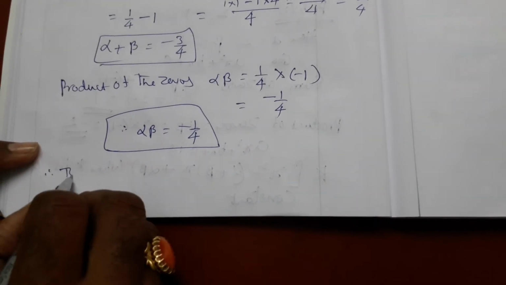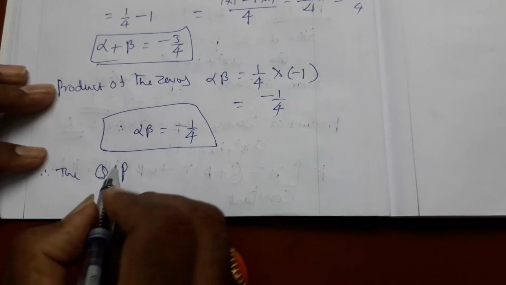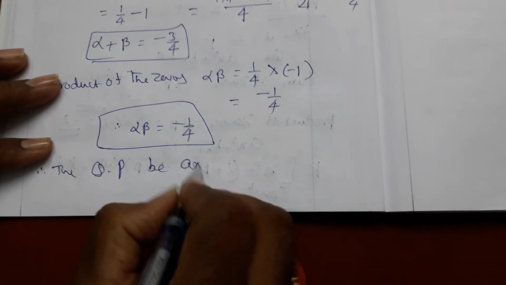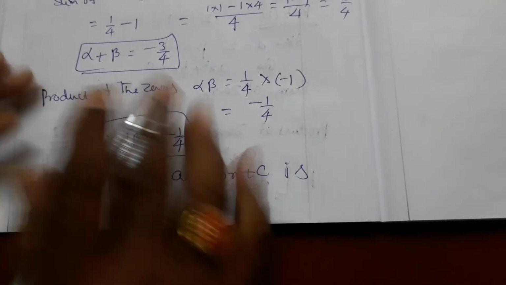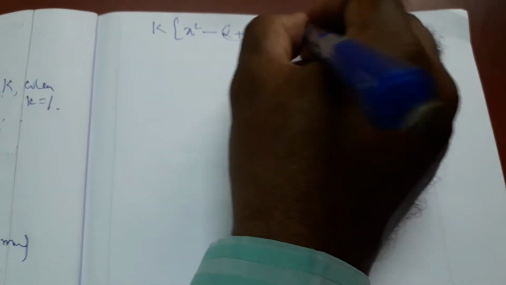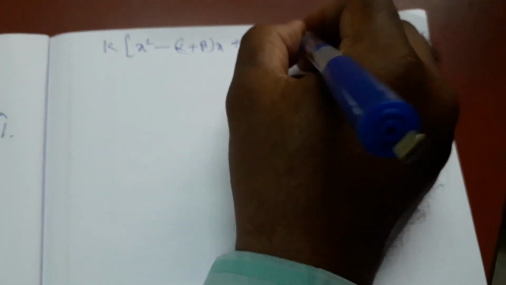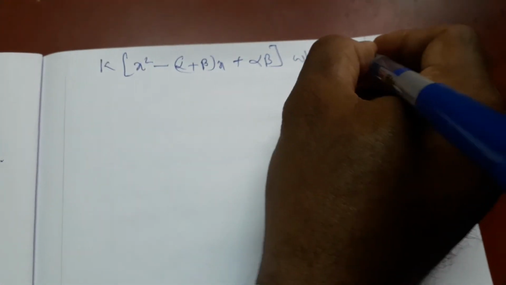Therefore, the quadratic polynomial ax square plus bx plus c is, by the formula, some k into x square minus alpha plus beta into x plus alpha beta, where k is a constant.